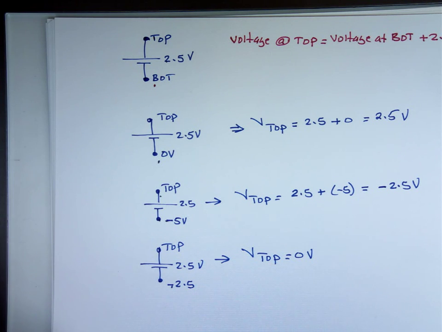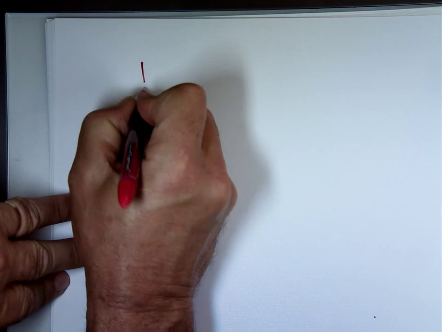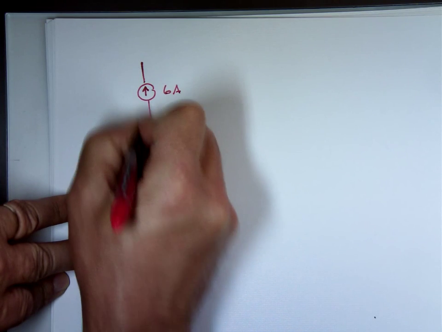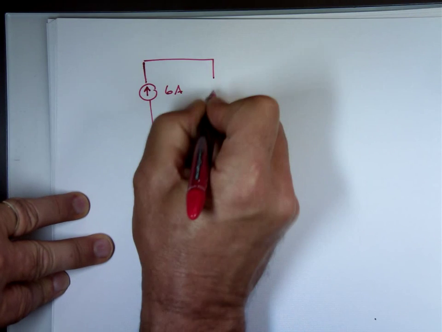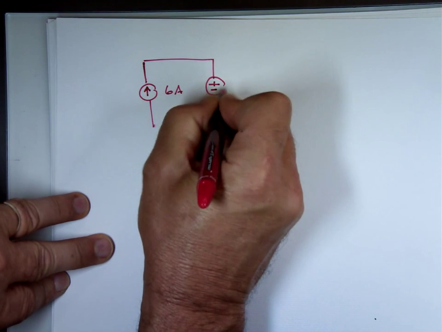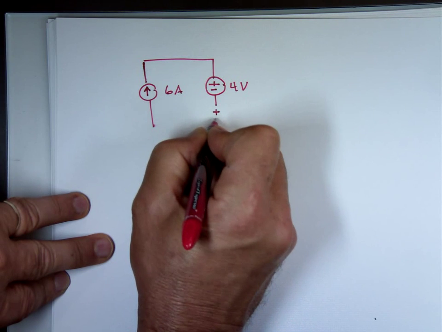So if I give you this circuit here, pretend we have this circuit. I have a current source, since we cover current sources, of 6 amps. I have a voltage source here of 4 volts. I have a voltage source here of 2 volts.